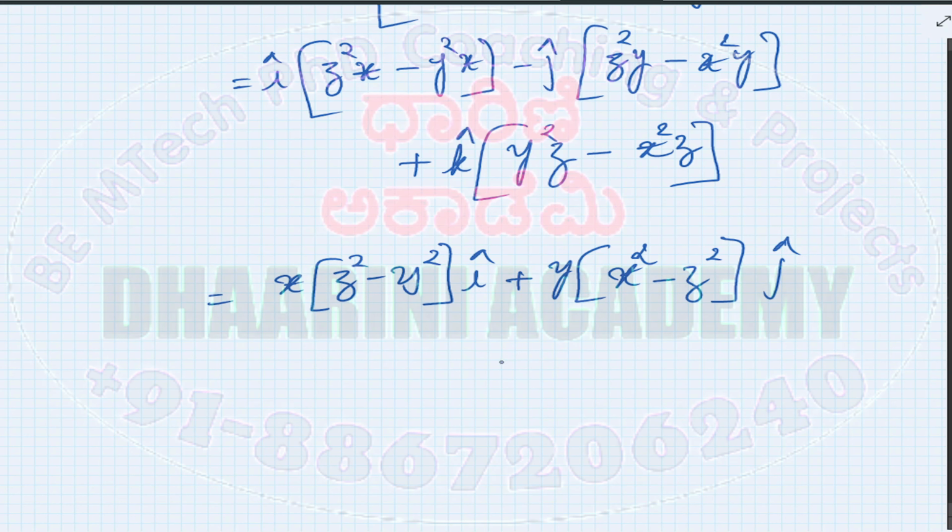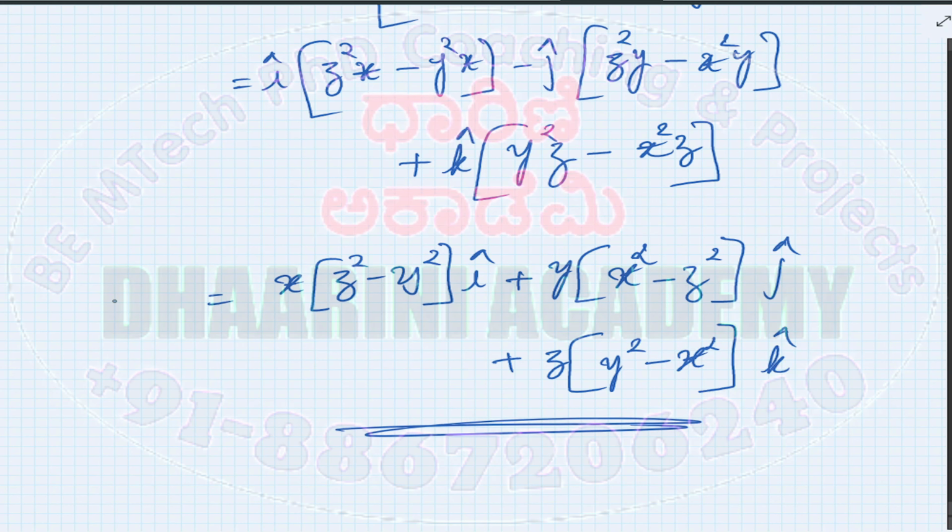And the last term is plus, take a z common. When z comes out, this is (y² minus x²) into k cap. Right, on the left hand side we know that this is del cross A vector. So we found the divergence and curl of the given vector.